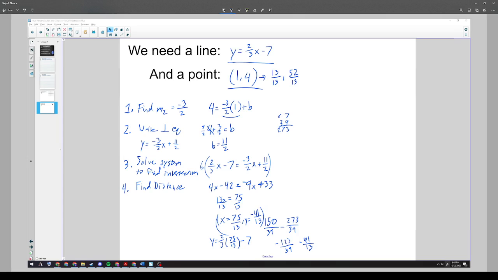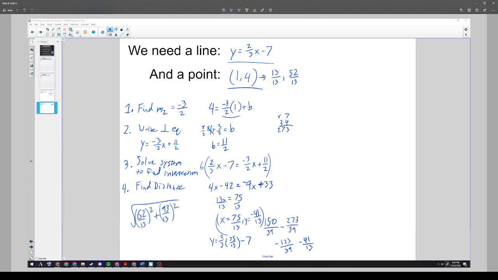So from 13 13ths to 75 13ths, if I subtract that, I get 62 13ths. I need to square that and add. So from negative 41 13ths to 52 13ths would be 93 13ths. I need to square that.